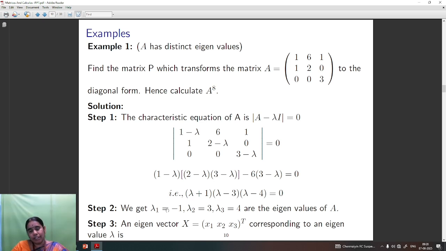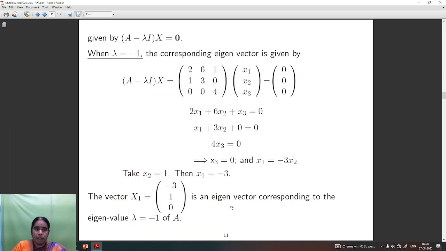Next, we have to calculate the eigenvectors corresponding to each eigenvalue lambda. First, let x equal to (x1, x2, x3) transpose corresponding to the eigenvalue. It can be found using the equation (A minus lambda I) into x equal to 0. First, for lambda equal to minus 1, we are going to calculate the eigenvector.